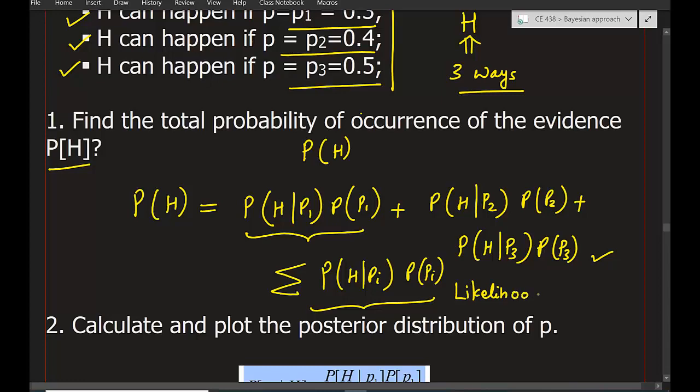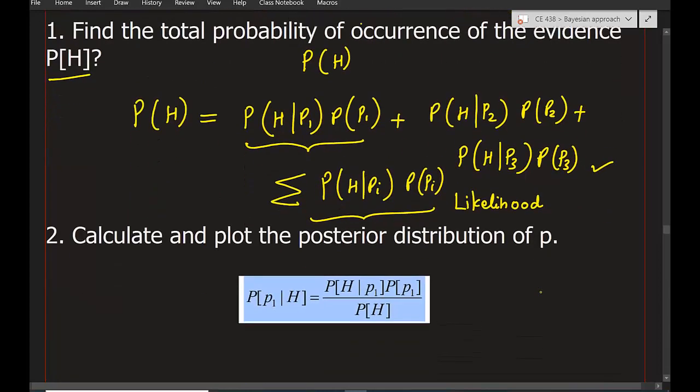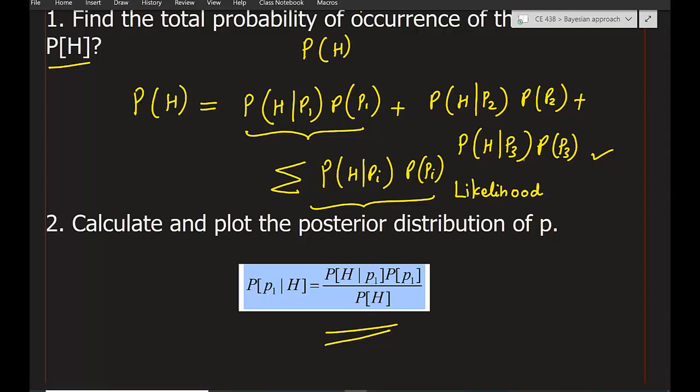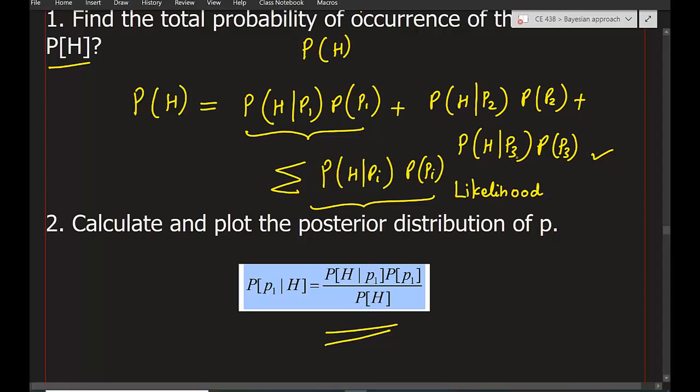If you see the Bayes theorem, this is the Bayes theorem you have, and if you sum all the likelihoods, sorry, not the likelihood, but likelihood times prior.